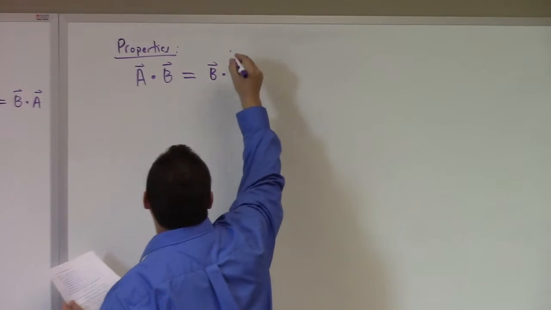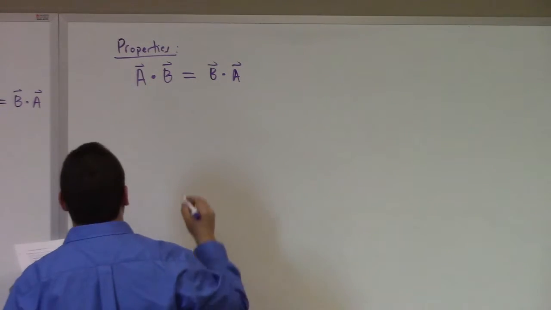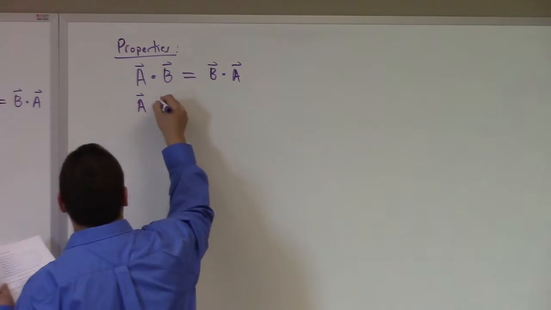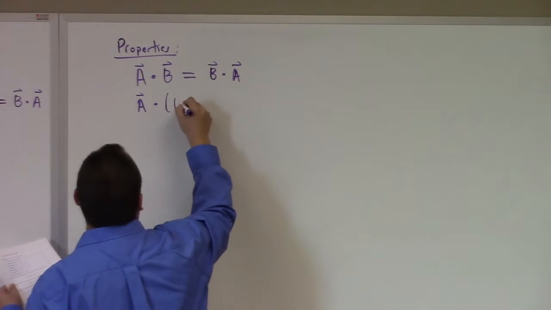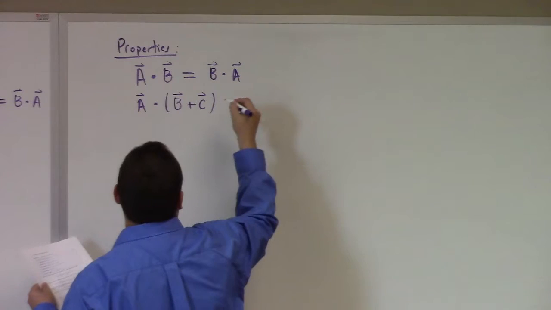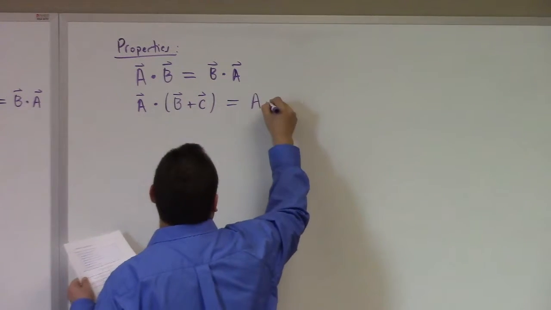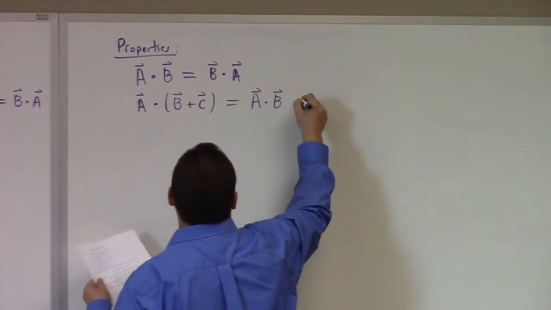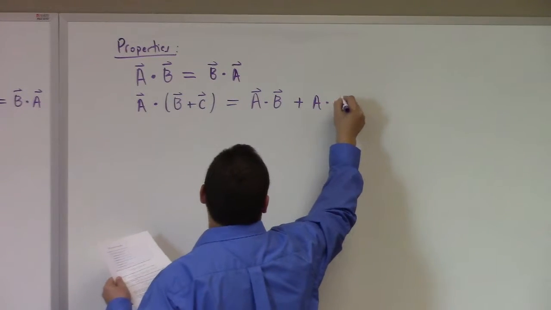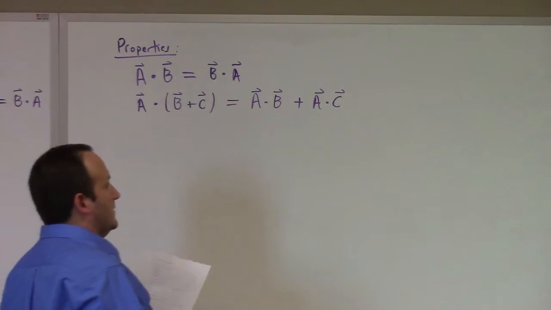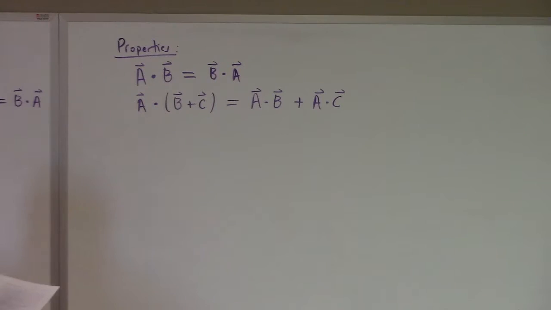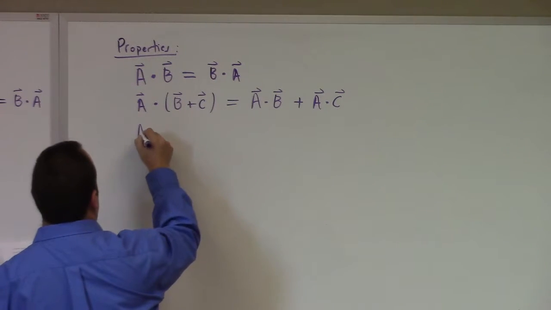Let's see here. A dot b is equal to B dot A. Another thing which I just used, but you can prove, and we don't prove everything in here, but we will do some proofs. I want you to be able to give an account for those things that you believe. So it distributes across addition that way. It distributes across addition the other way as well.